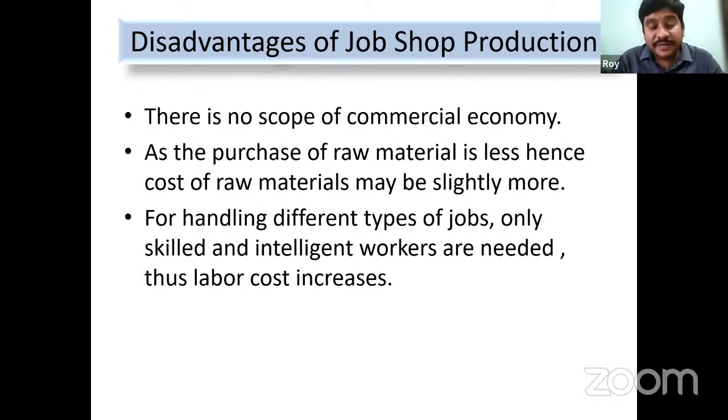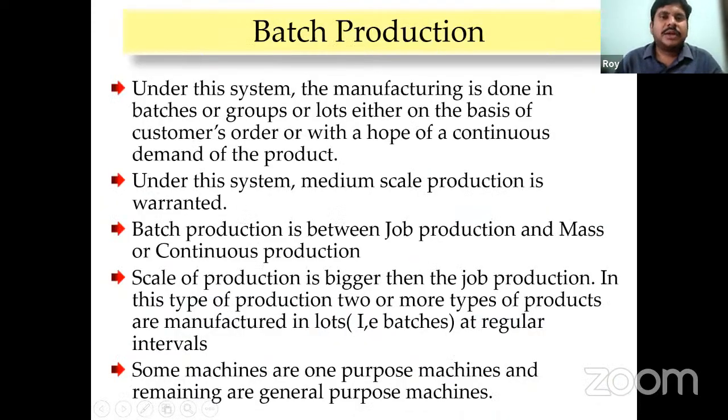Because they are producing specified types of products, in small quantities, with different varieties of material, definitely the workers' skills will be specialized. And of course, when you are calling a unique skilled person, the labor cost that you're paying will be very high.